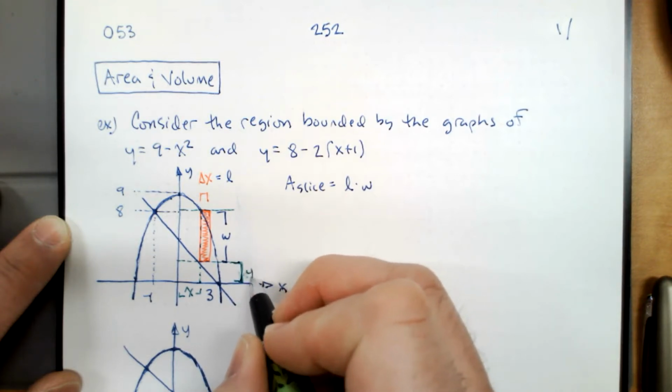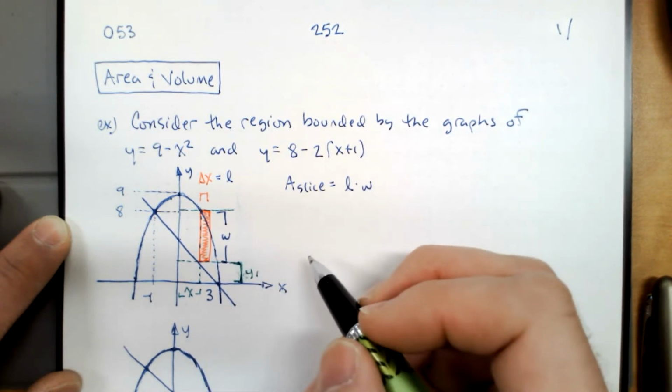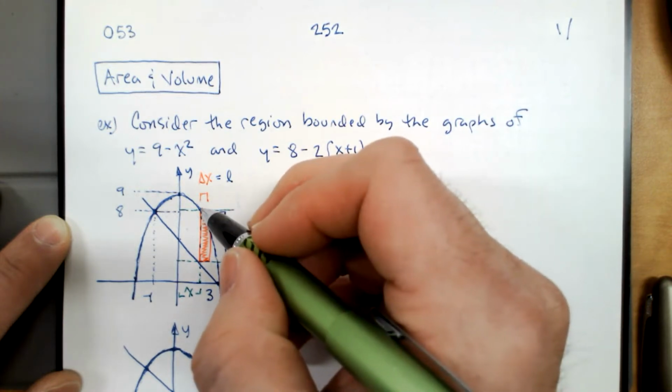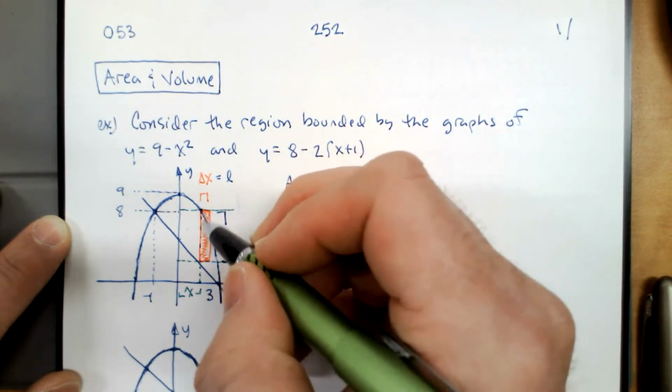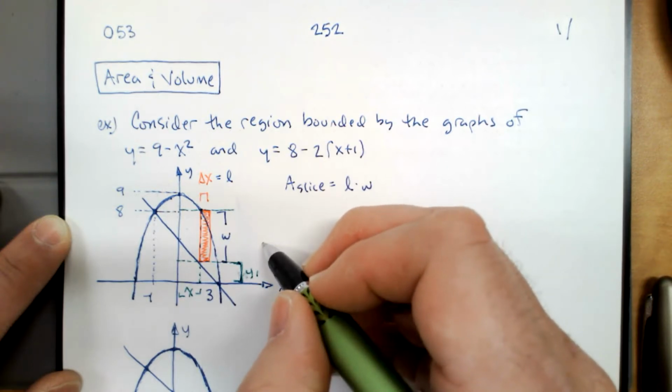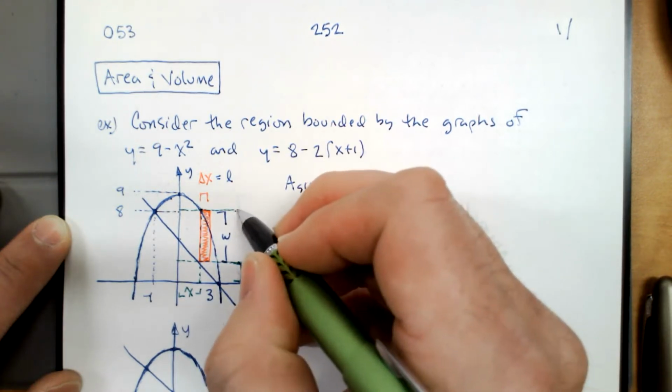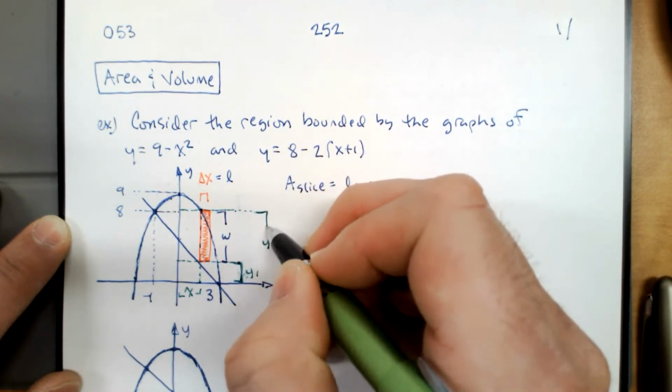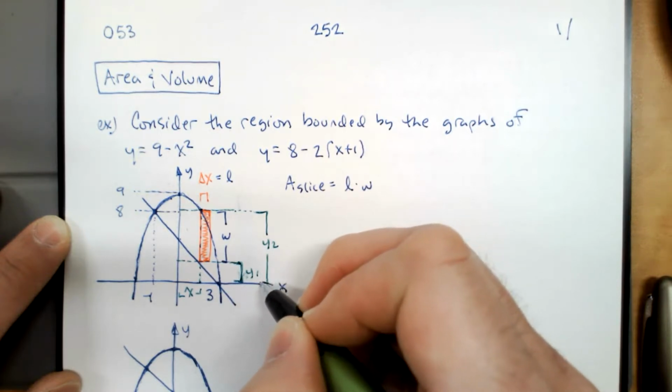So I've got, say, y1 down here, but I've also got y2. Now, y2 is from the function. The function doesn't know about this line. This parabola doesn't know about this line down here. So y2 goes all the way from the parabola down to the x-axis.